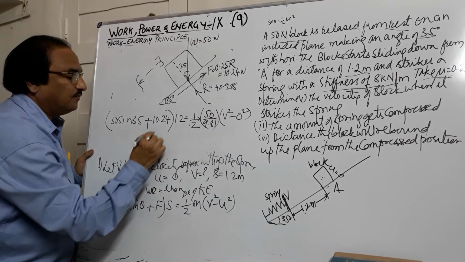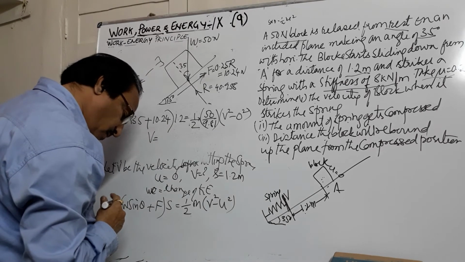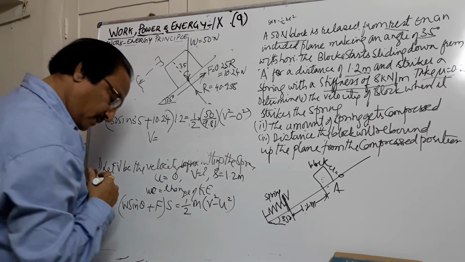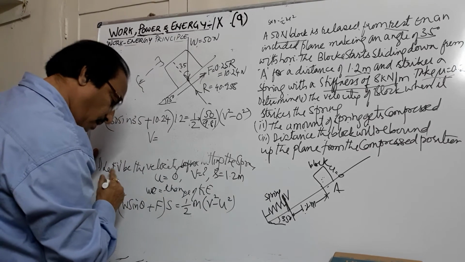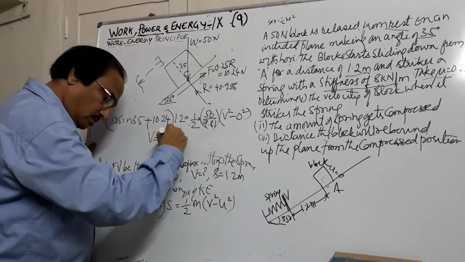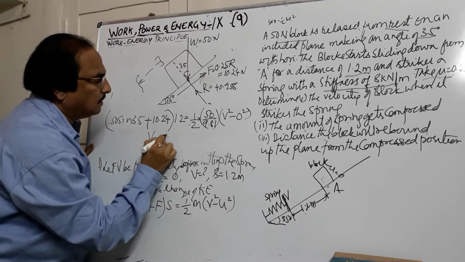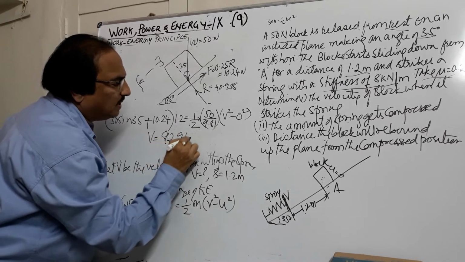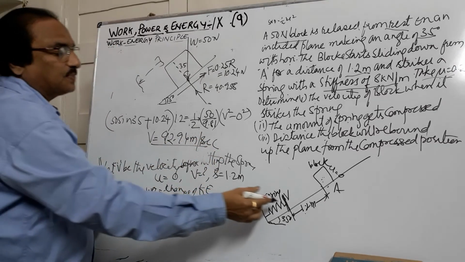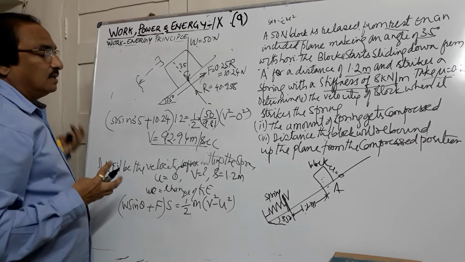So if you simplify, you get the value of v is equal to 92.94 meter per second. So it will be hitting the spring with a velocity of 92.94 meters per second.